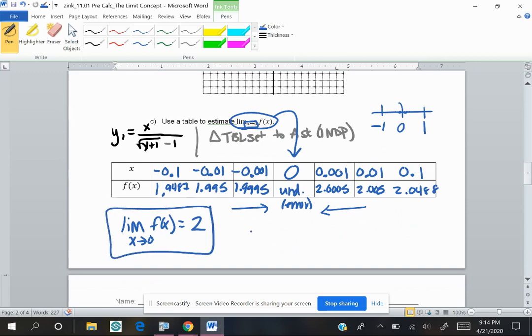If I asked you, will it ever meet that limit? No, because it's undefined. So it will never actually become that point, but it will get infinitely close to it. So it will never reach the limit because it's undefined at that number.